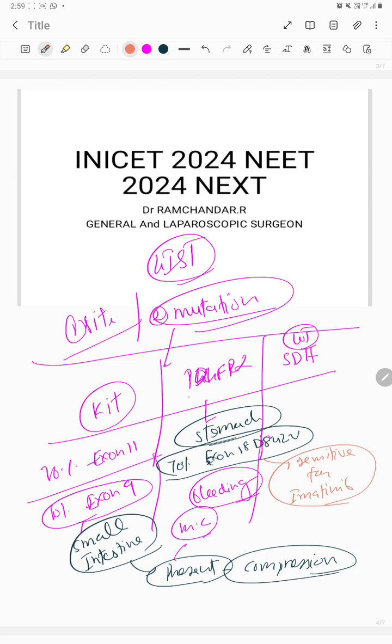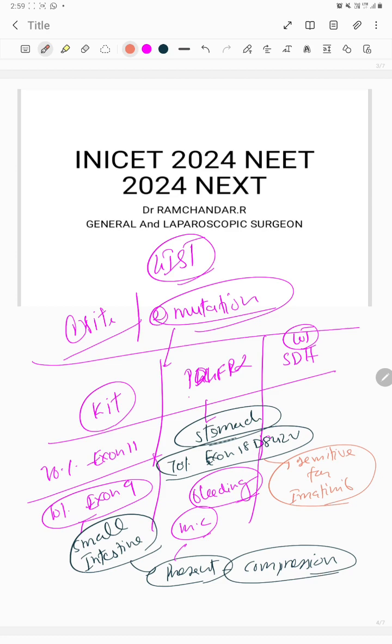So when we move on to the treatment of GIST, we will come across that chemotherapy has a significant role. For imatinib to act, the mutation should be in exon 18, D842V.